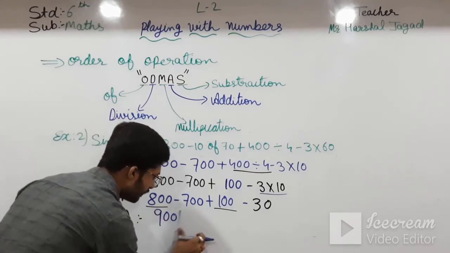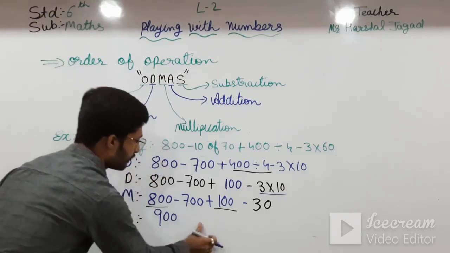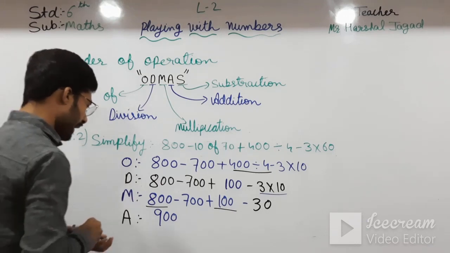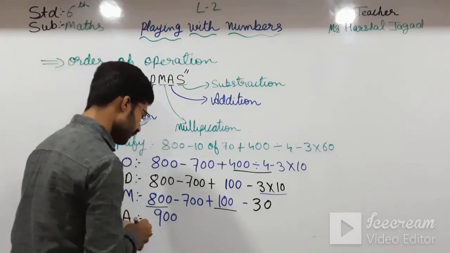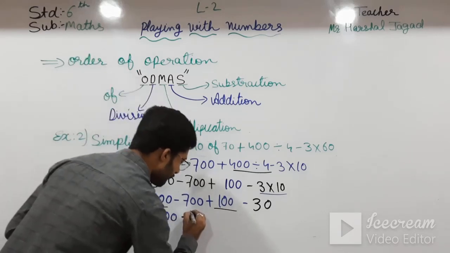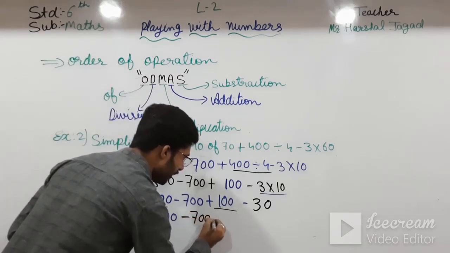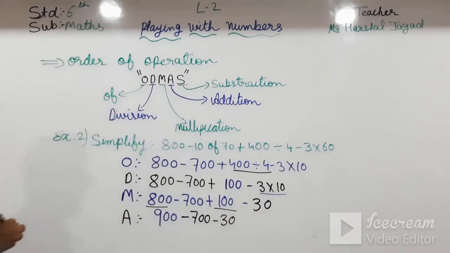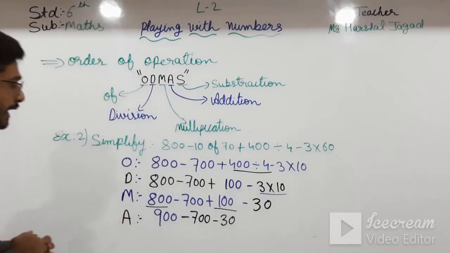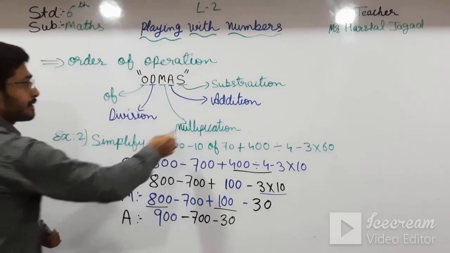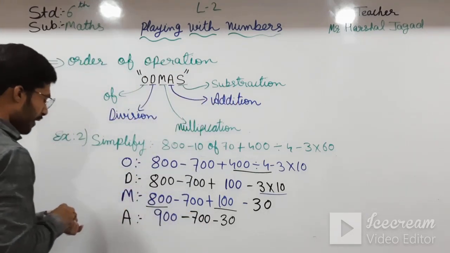900, not 1000. Okay, students, 900 minus 700 minus 30. Okay, students, 700 minus 30. So, next, that is S. What we have to do?